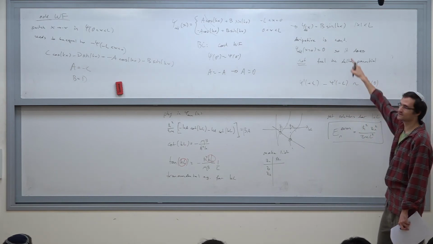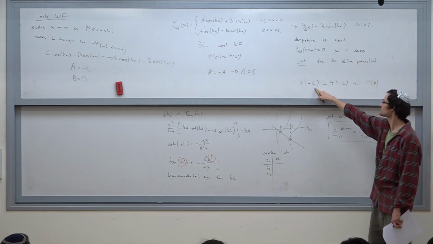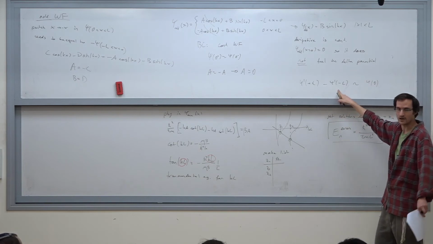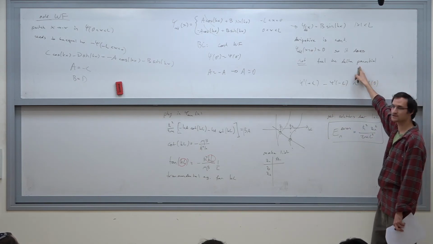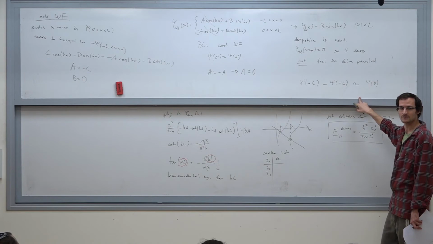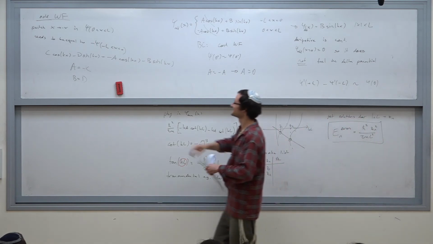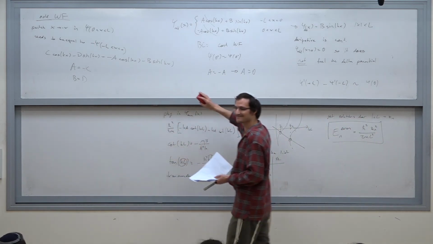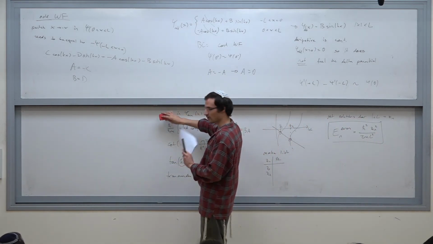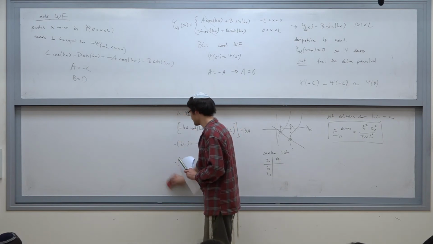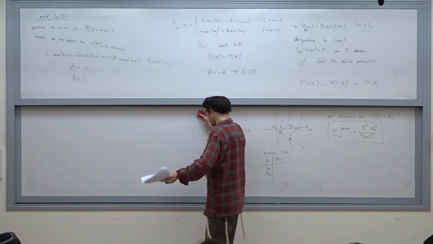But psi at 0 is 0. So the derivative is continuous, also by the formula. I was trying to give you physical intuition, but of course mathematics agrees with what I'm telling you. So we get eventually that the delta function does not affect the odd wave functions at all. Even the energies will stay exactly like the infinite potential.